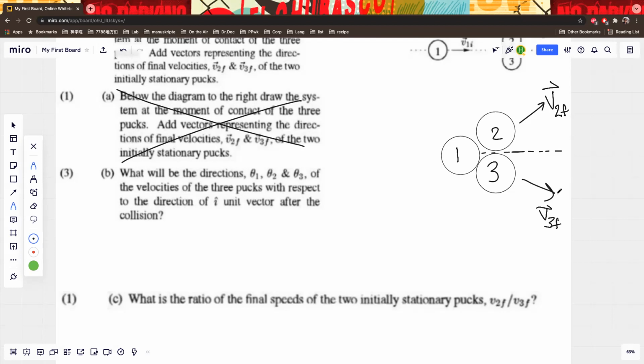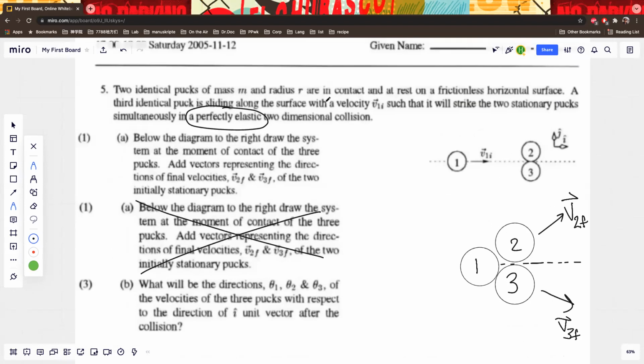Two pucks of mass m and radius r. They're telling us that there's a radius of r for those two. So these both have a radius of r. And then there's an identical puck also with a radius of r.